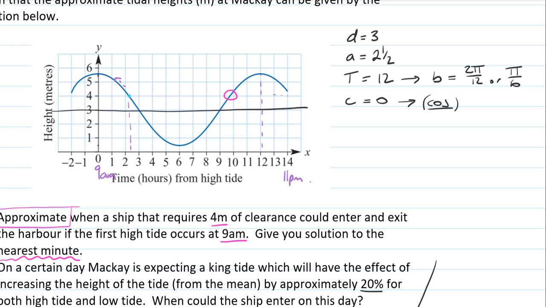So if I use a sine function, remember I need to shift it to here because the sine function is on the up from the midline. And so that gives me that the height in metres is equal to 2.5 times cos pi on 6t, I'll put that in brackets just to make sure it's clear, plus 3.